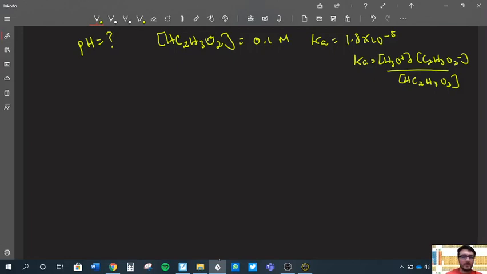Okay, so here is, again, when in doubt, make a nice table. Usually, if it doesn't solve it for you, it helps you organize your information. So here is your ICE table. Acetic acid, water.